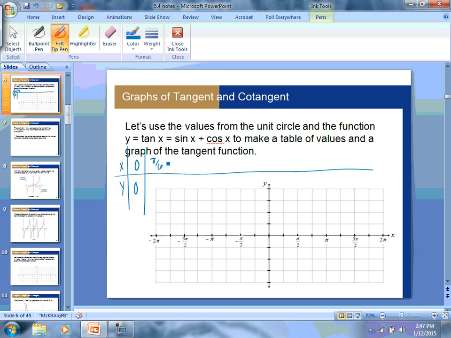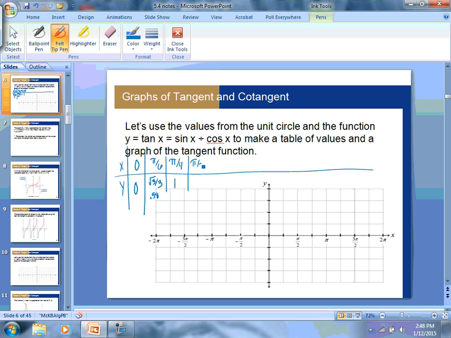And then if I do pi over 6, I'll end up with the square root of 3 over 3 when I simplify everything. And that I'm going to write as a decimal. That's going to be 0.58. That'll be easier to put on the graph than square root 3 over 3. Then pi over 4, that's going to be the square root 2 over 2 and the square root 2 over 2. So that's going to be 1.